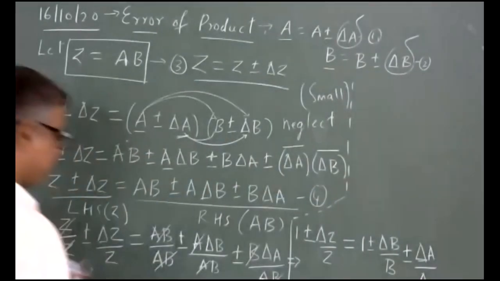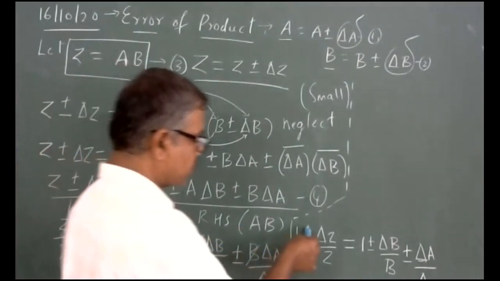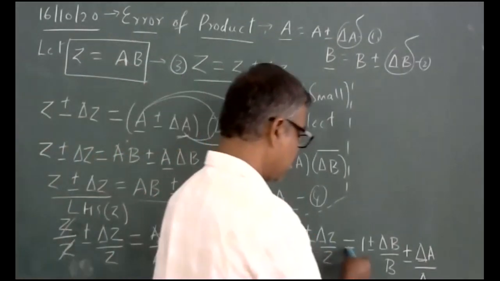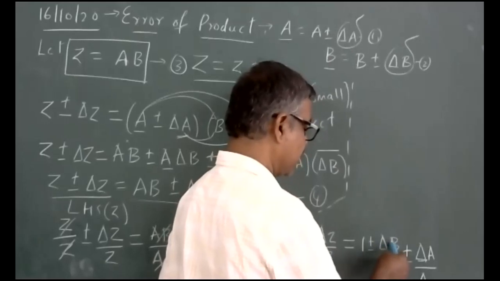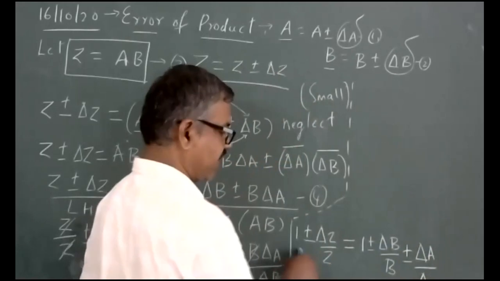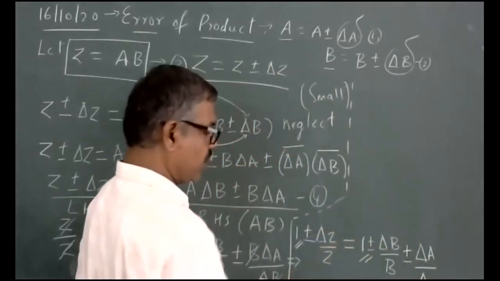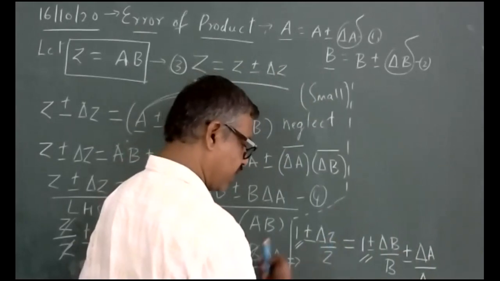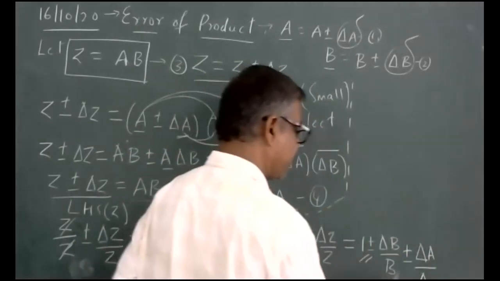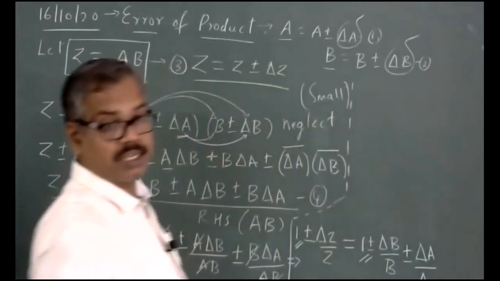Cross check. When I simplify this equation, it looks like 1 plus or minus delta Z by Z is equivalent to 1 plus or minus delta B by B plus or minus delta A by A. When you look at the left hand side and right hand side, this 1 gets equated to 1. This delta Z by Z on the left hand side is equivalent to the right hand side delta A by A plus or minus delta B by B. What does it give me?